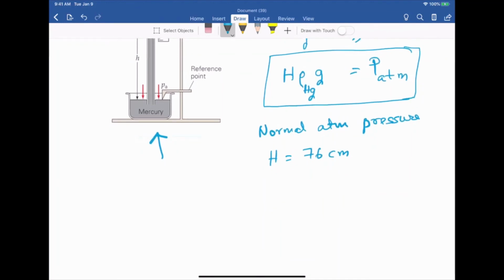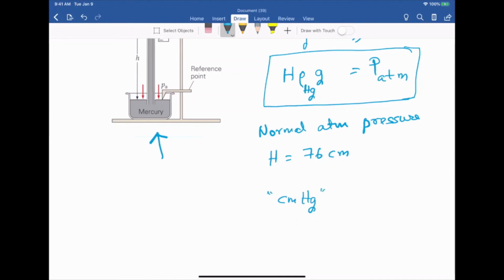And that inspires a new unit of pressure. We've seen plenty of units of pressure so far. It's the cmHg. cmHg is just a unit of pressure, which basically all it means is the pressure exerted by 1 centimeter of mercury. And 76 cmHg would correspond to 1 atmosphere, right?